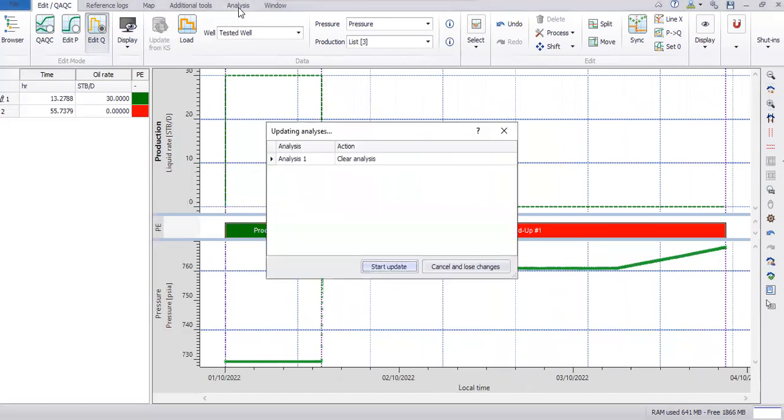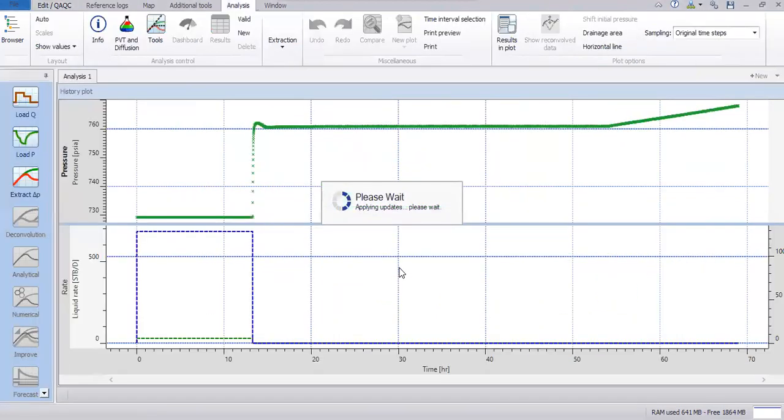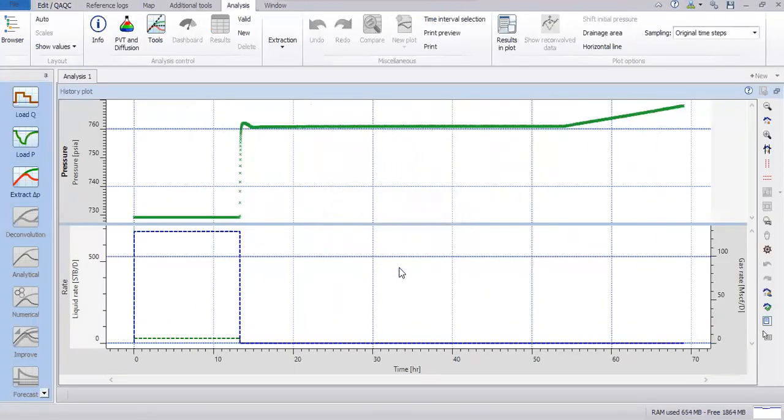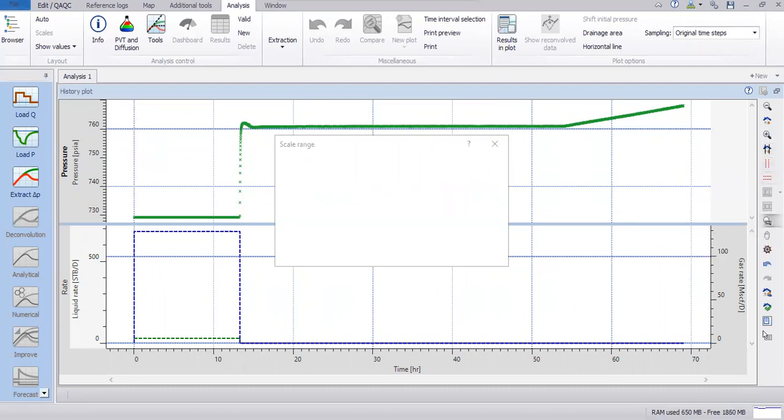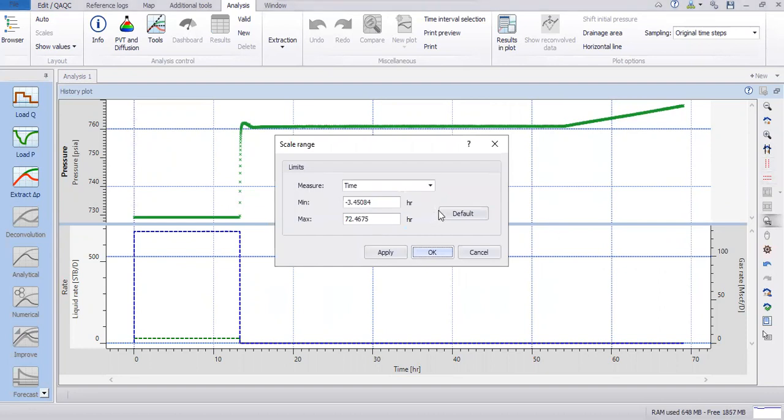So let's go to the analysis, and clear analysis, start updating. Okay, so first for the pressure, I'm going to start from 0 or 14.7, or yeah, 0 psig.